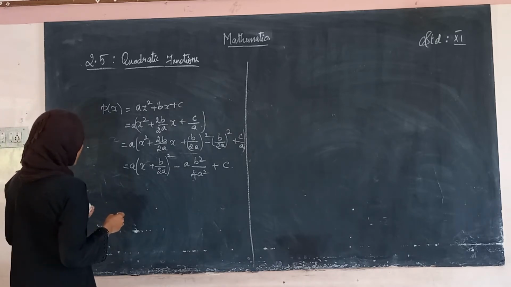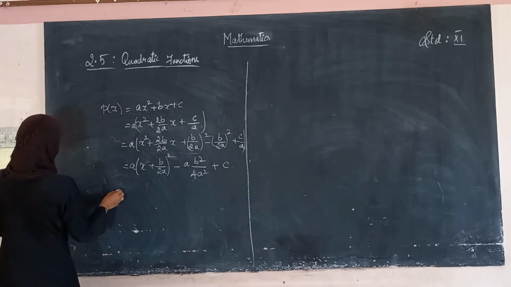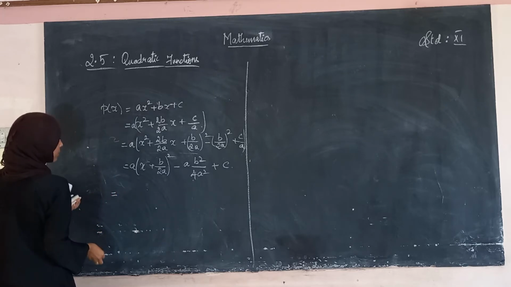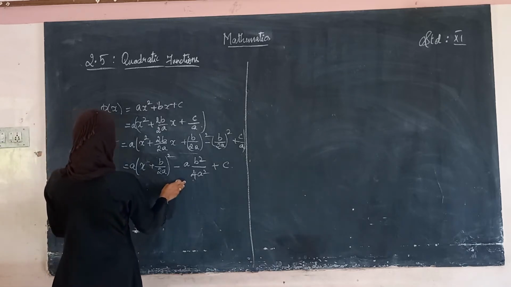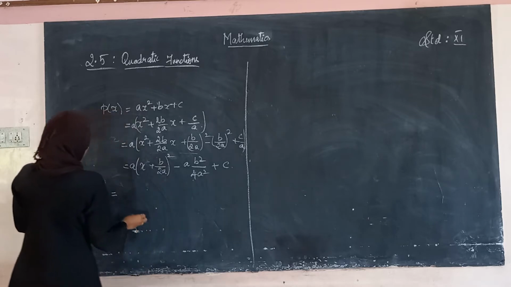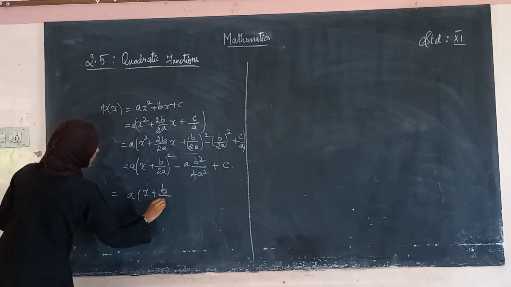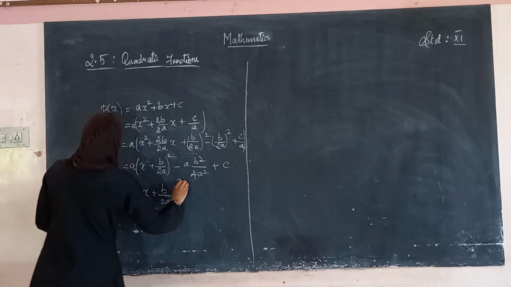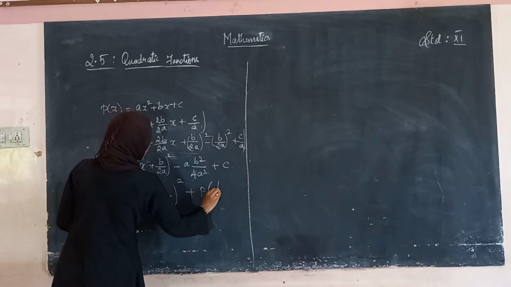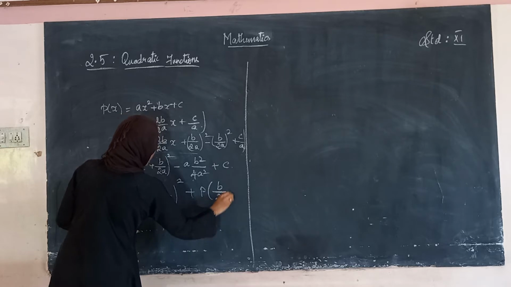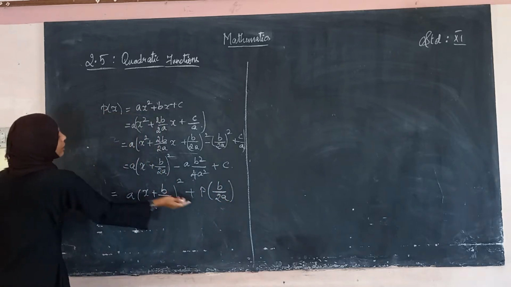Again see here, this becomes a into x plus b divided by 2a the whole square plus p of b divided by 2a. What is p of b divided by 2a? Instead of x we substitute this.